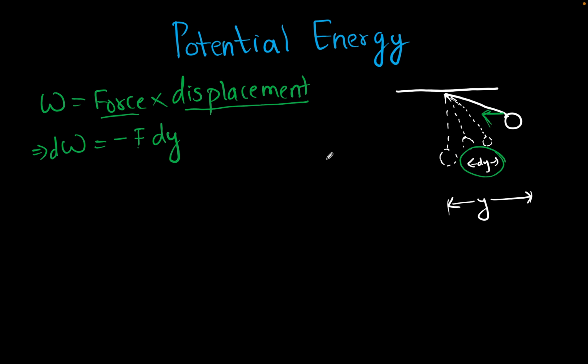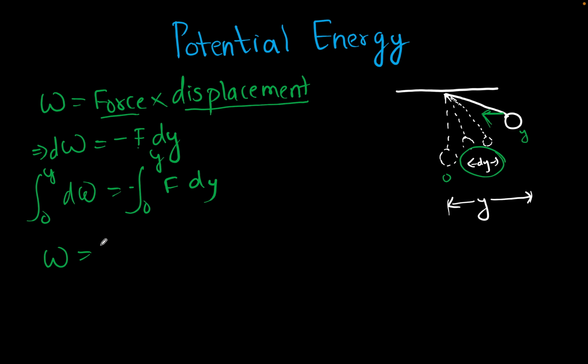Now if we integrate this from 0 to y, then we will get the integration from 0 to y of dW, small work done, is going to be the integration from 0 to y of force dy, and negative. Now if I simplify this, work done is going to be minus integration of F dy.